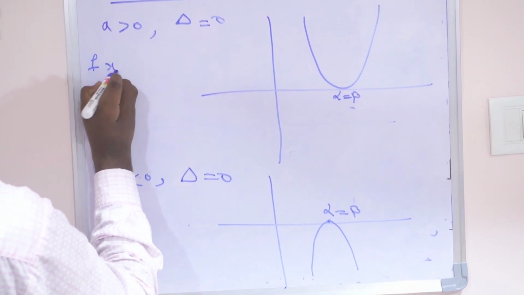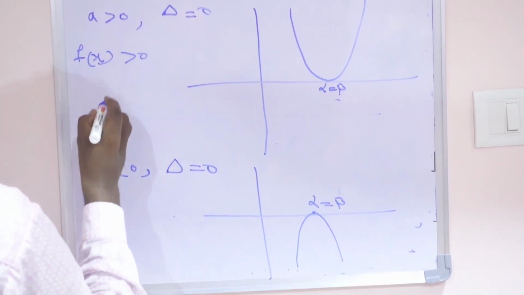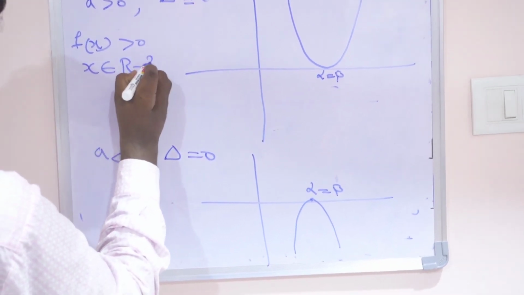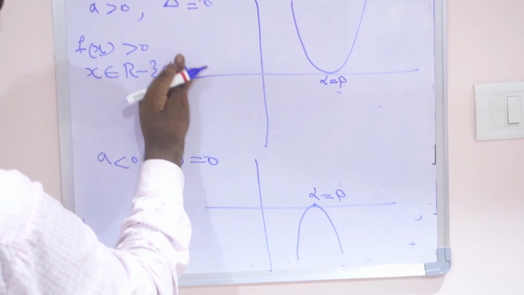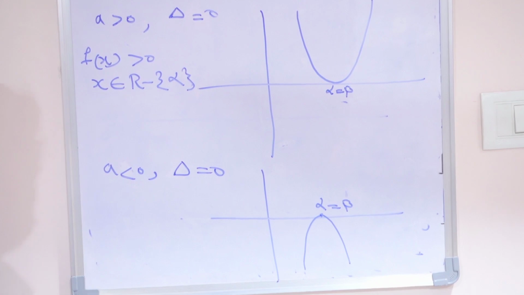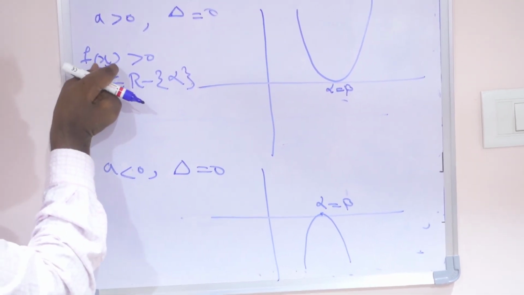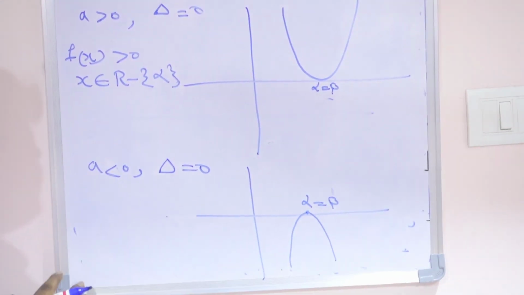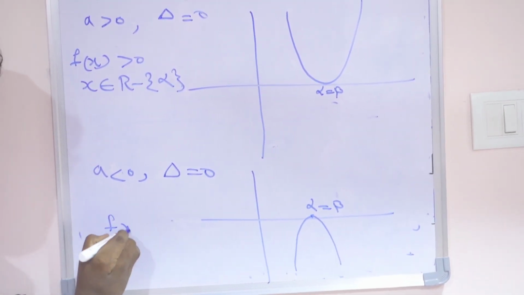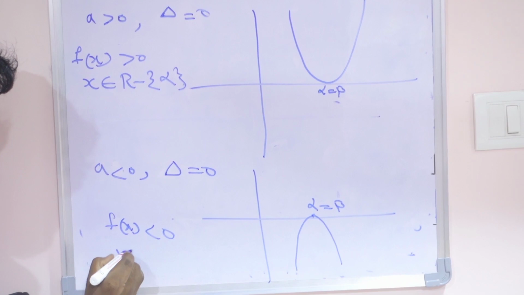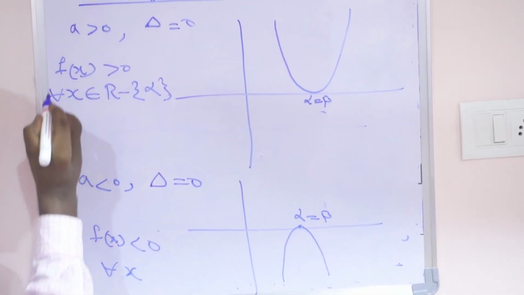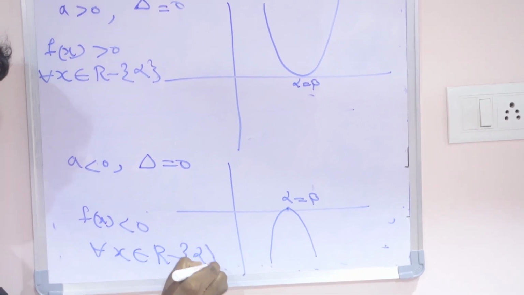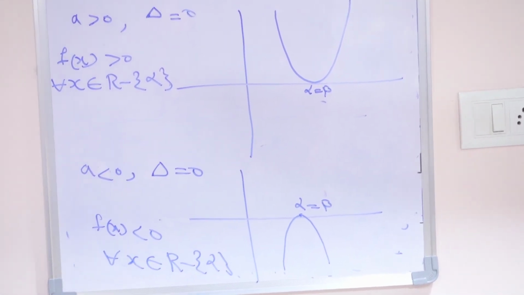So f of x is positive for x belongs to R minus alpha. Why am I taking R minus alpha? It is always positive except alpha. At x equal to alpha, f of x is equal to 0. Now f of x is less than 0 for all x belongs to R minus alpha.